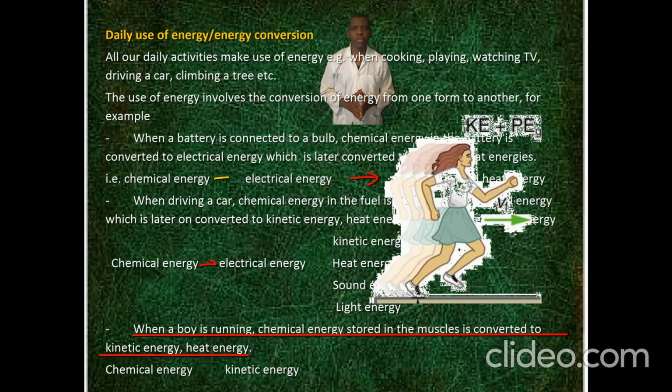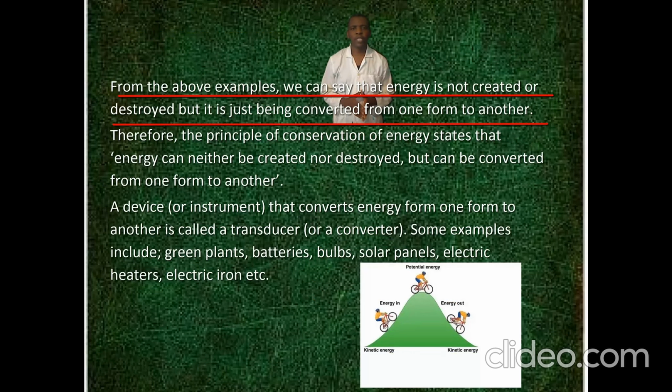When a ball is running, chemical energy stored in the muscles is converted to kinetic energy, heat energy. From the above examples, we can say that energy is not created or destroyed, but it is just being converted from one form to another.